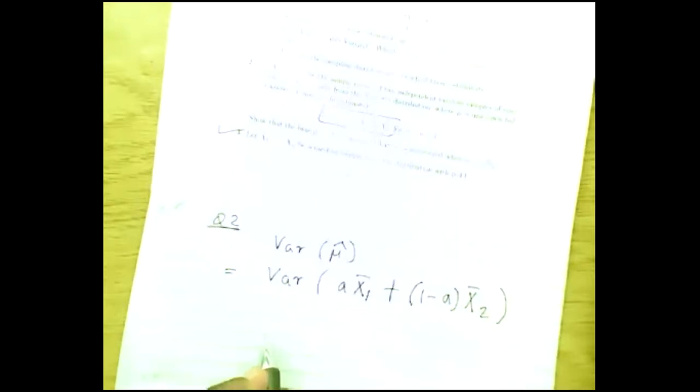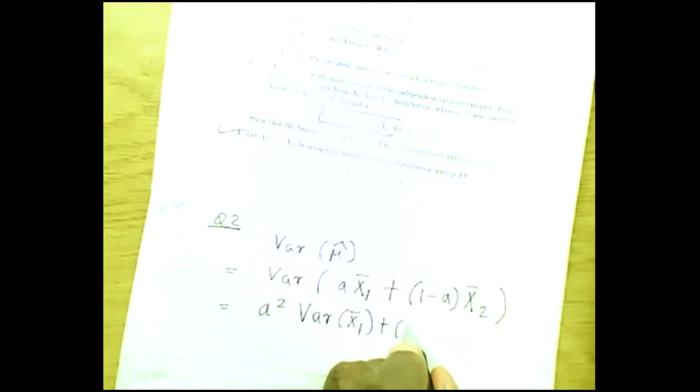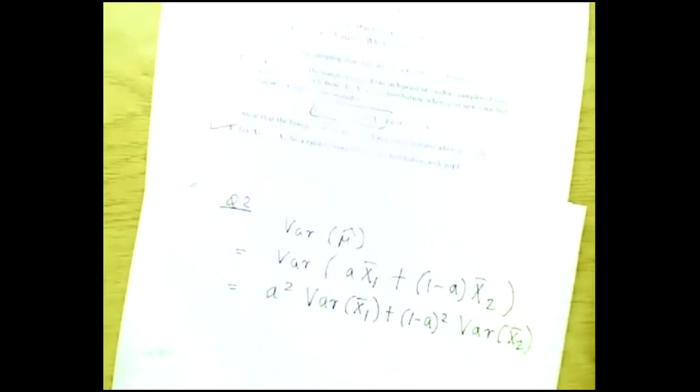If you take the variance inside, A is a constant, so it will become A squared times the variance of x bar 1 plus 1 minus A squared times the variance of x bar 2.